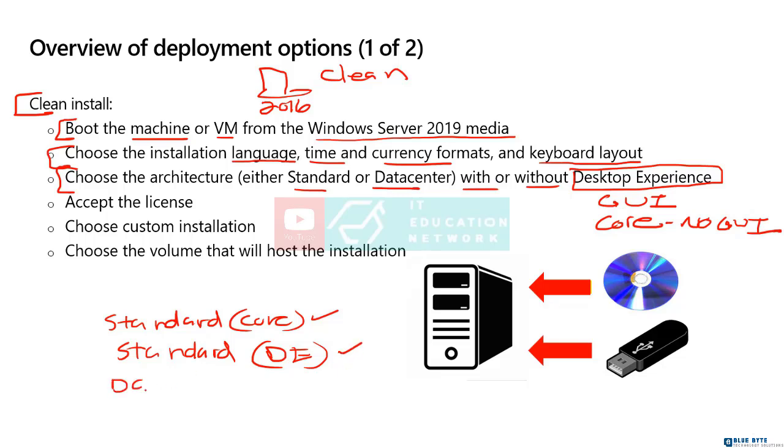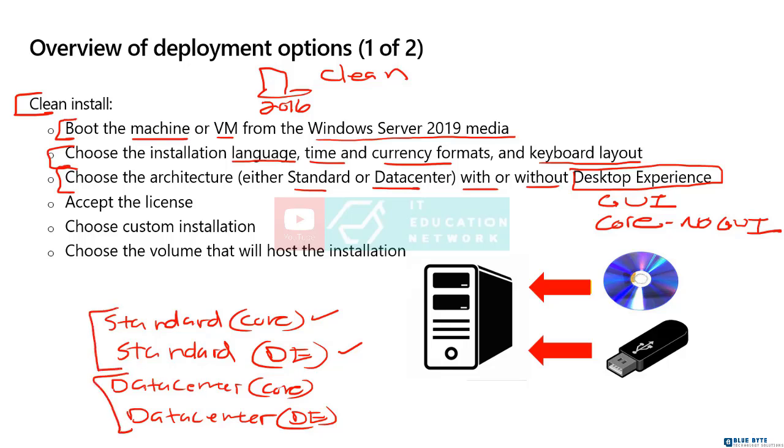Or do you want Datacenter Core, or Datacenter desktop experience? Now, we looked at this earlier and established the big difference was licensing. You get 2 virtual licenses with Standard and you get unlimited virtual licenses if you choose Datacenter. So those are the 4 options we are presented with.